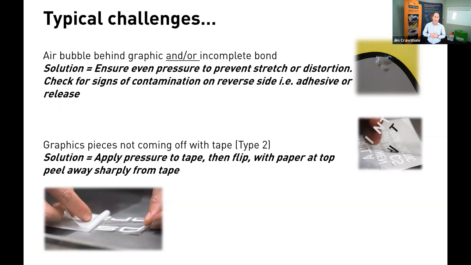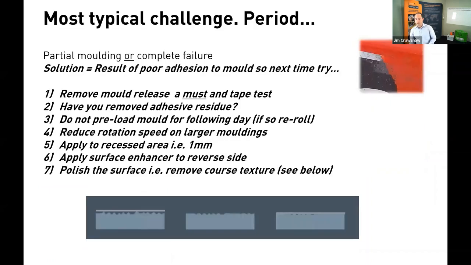The solution really is to apply pressure to the tape. Just use your roller on a flat bench, give it a quick roll, flip it over with the paper side to the top, and peel it away sharply from the tape, as you can see in that image right at the bottom there. I'll show this as well in our demonstration in a few seconds.